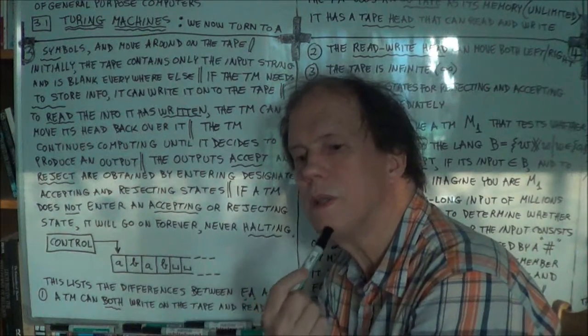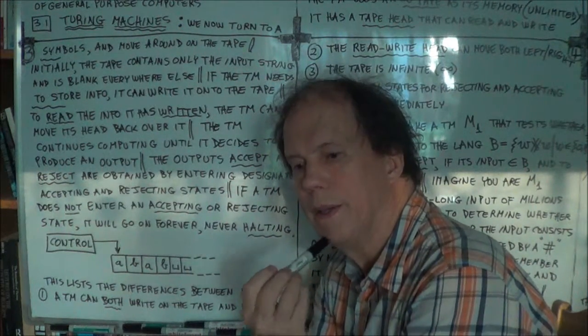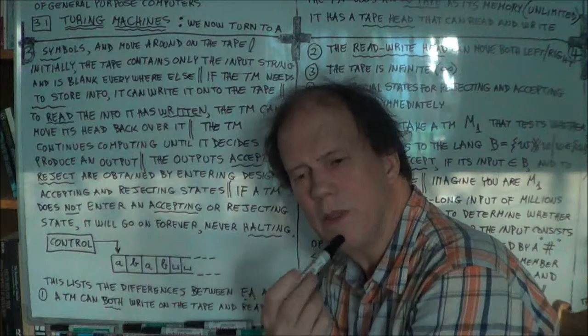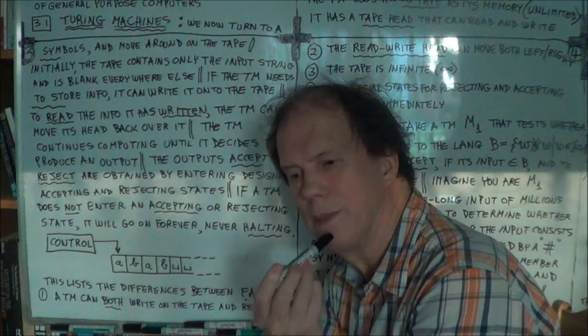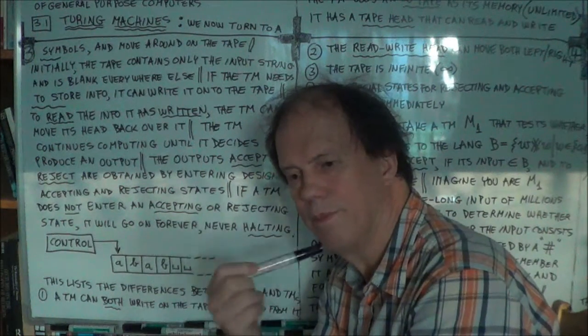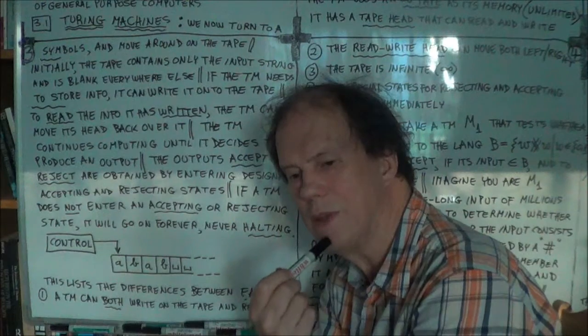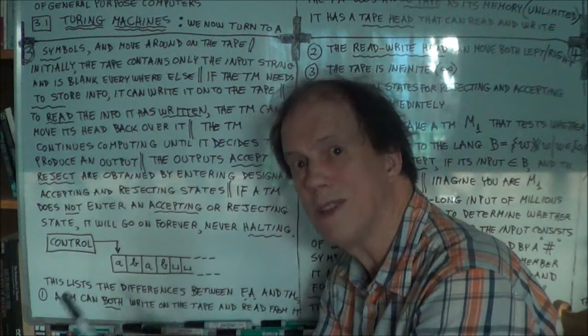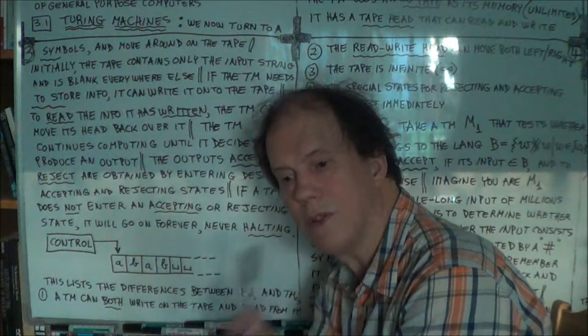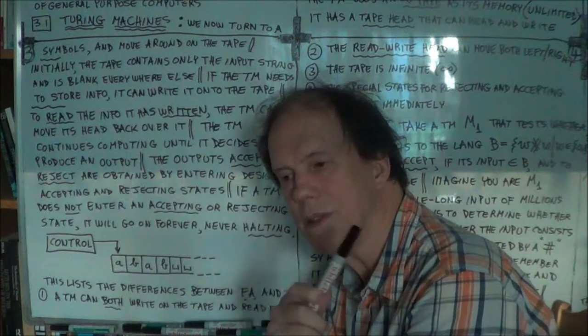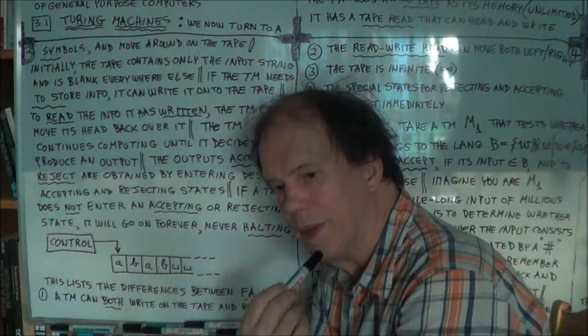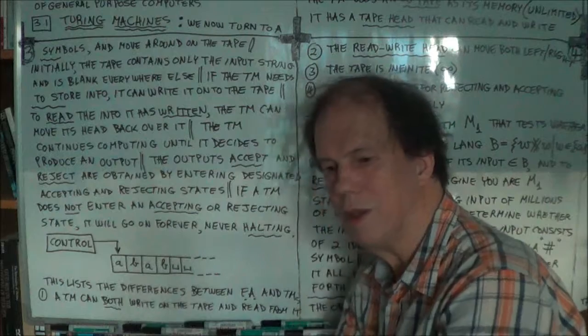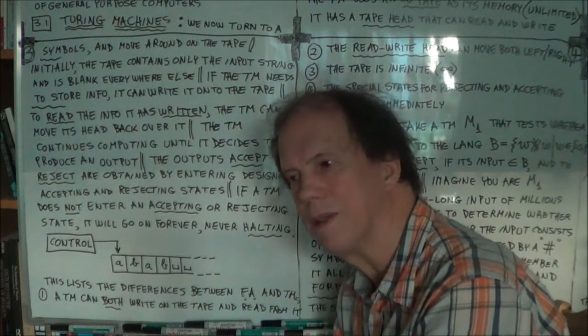Okay, so Sipser doesn't mention it explicitly, but the Turing machine, the TM, is a deterministic machine, right? There's only one next state. Okay, that's the definition of determinism. Whereas a non-deterministic machine, you can have more than one next state.